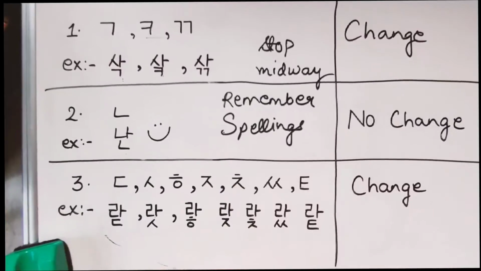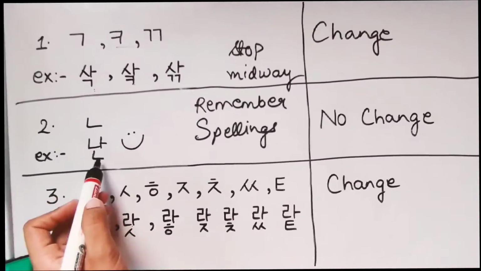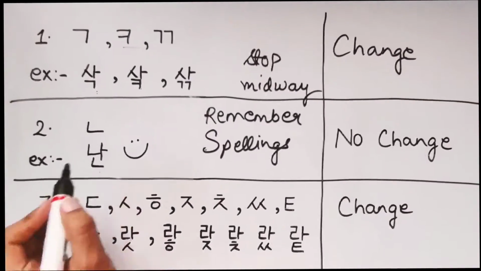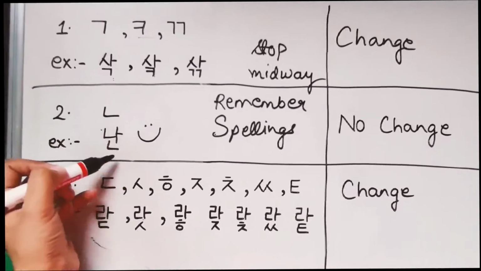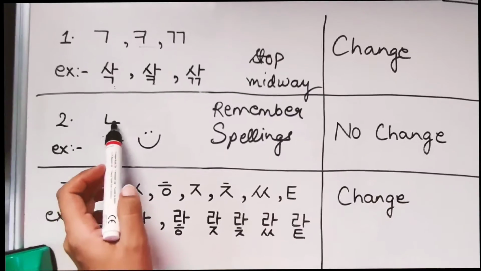But if I add N consonant at the bottom, it would be pronounced as Nan. So you see, N consonant at C1 position or C2 position is pronounced just the same. There is no change in its pronunciation.